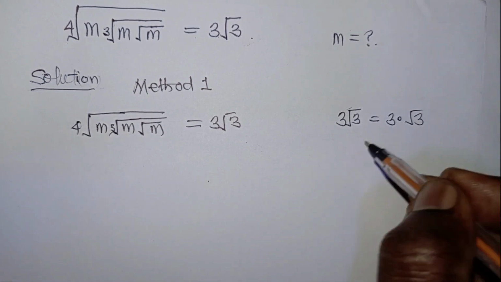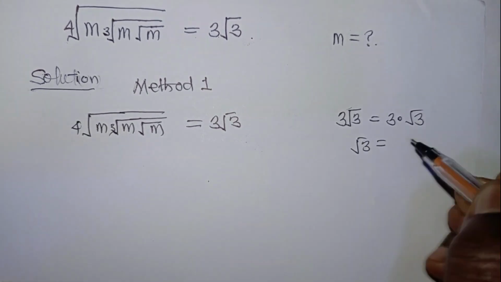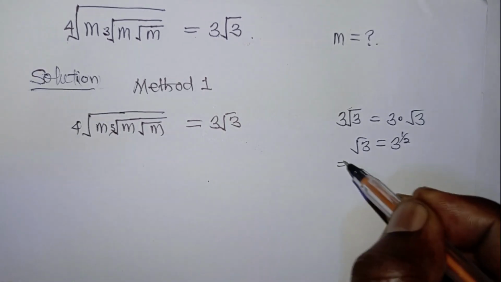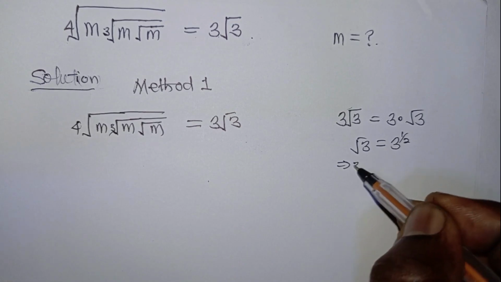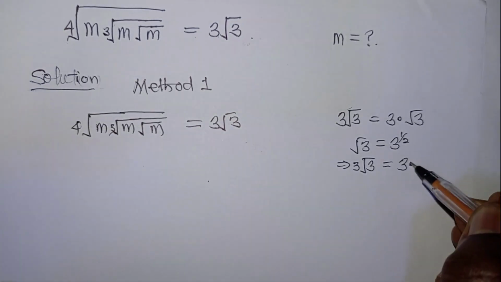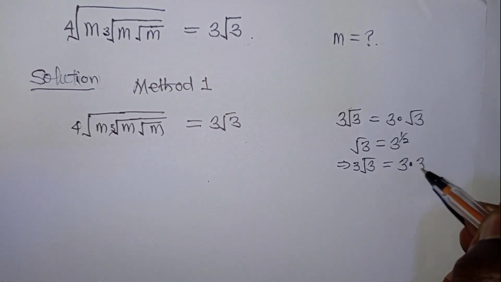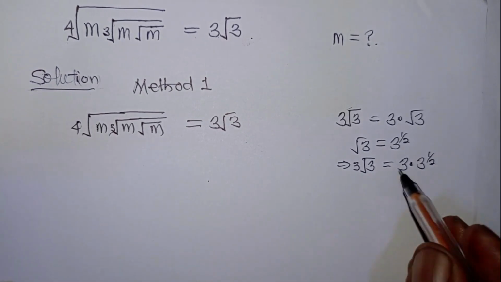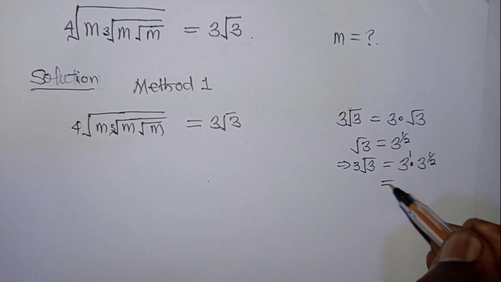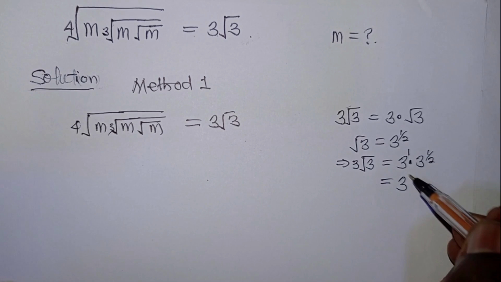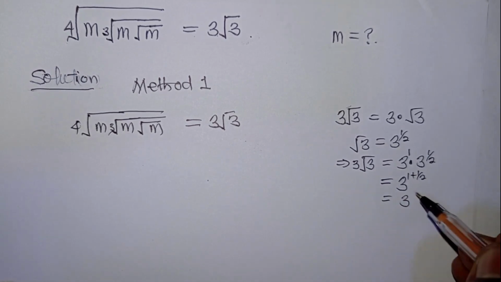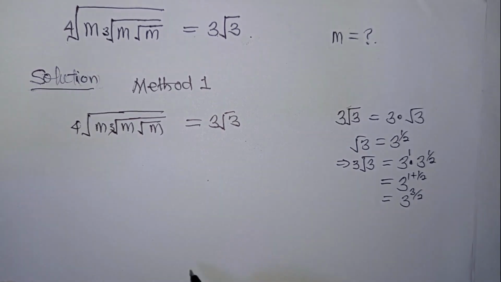But note, root 3 is the same as 3 to the power half. So this implies that 3 root 3 is equal to 3 times 3 to the power half. So here is a power of 1. If we raise this exponent, that will give us 3 to the power 1 plus half, and that becomes 3 to the power 3 over 2.